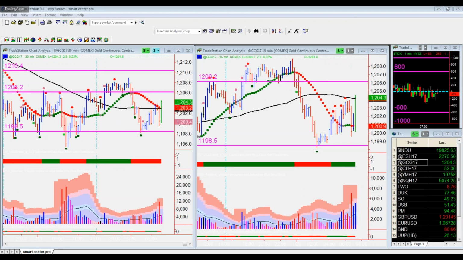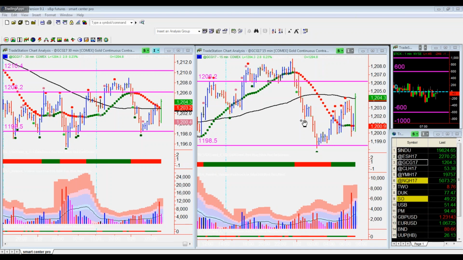Should get some more volatility. I had a lot right at the open, which was kind of nice. There were some questions about gold, and we'll take a look at the indexes as well, see if they'll hold the support.